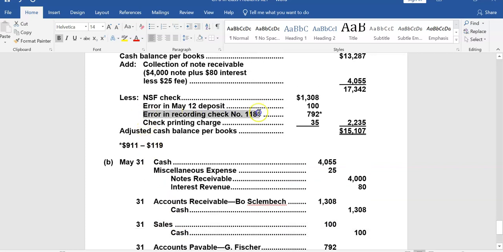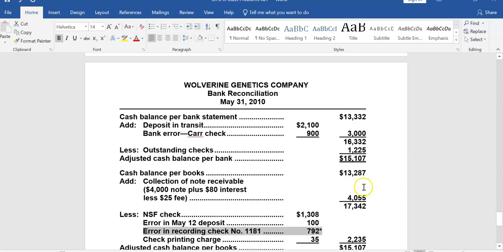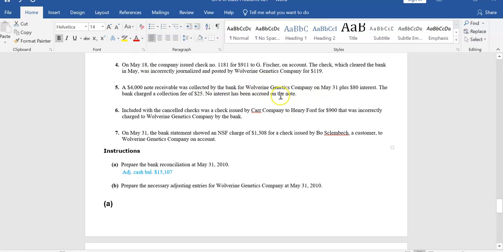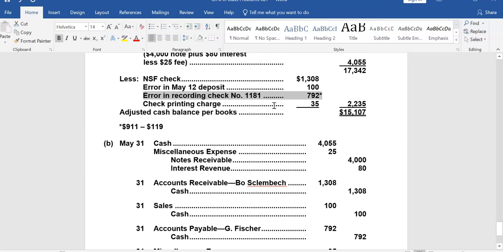Next item, there was an error in recording check number 1181. Check 1181 had been written to Fisher on account, so it must have been an account payable. And we incorrectly recorded it too little. We need to decrease cash more.